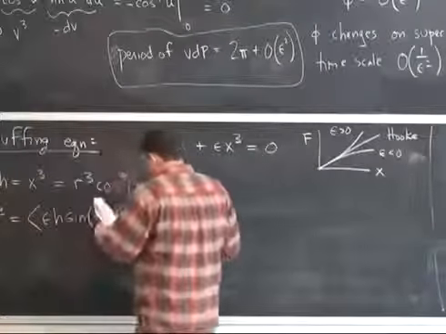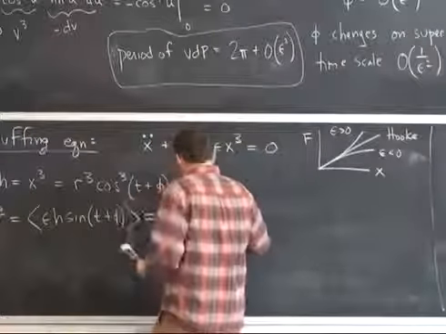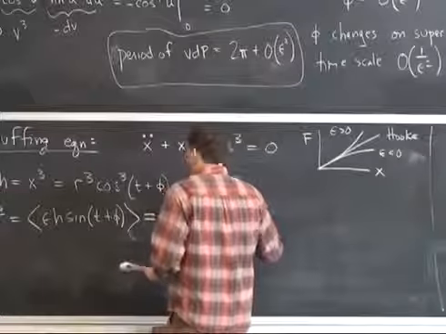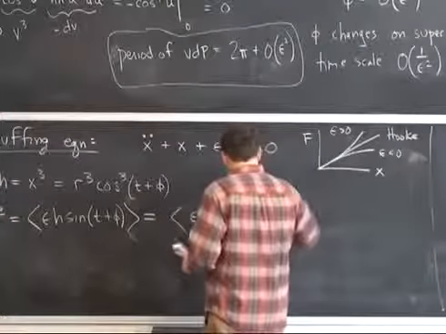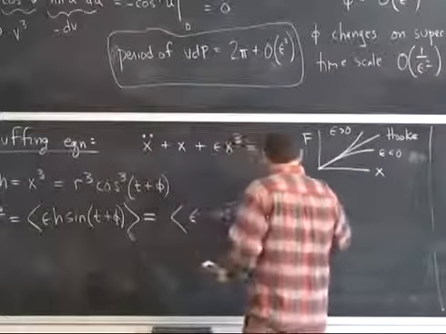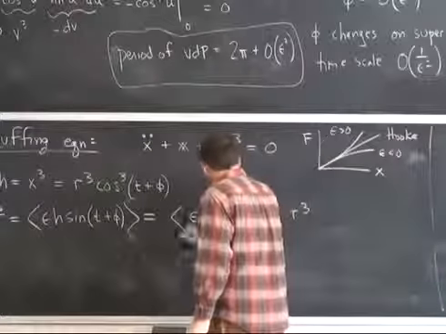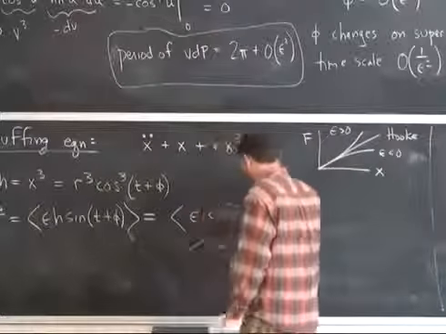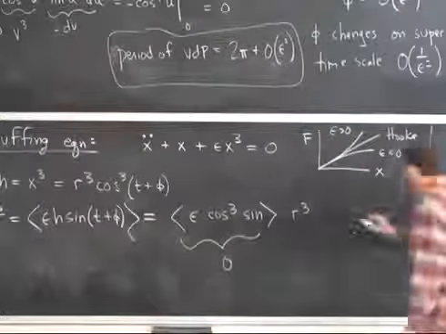Again, ignoring all the details with the epsilon squared and stuff. So this is average of epsilon cosine cubed sine, and I guess I have an r cubed coming outside. But this average we already know is 0. We talked about cosine cubed sine. So in fact, r dot does not change.